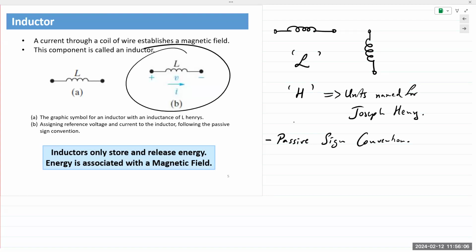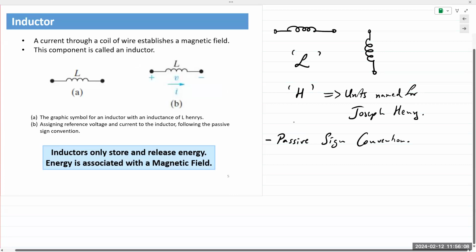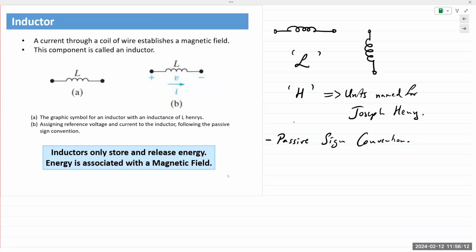Capacitors, inductors, and resistors are all passive components, so they follow the passive sign convention. Current always flows from high to low, plus to minus. If you're given current direction, point of entry is always plus.